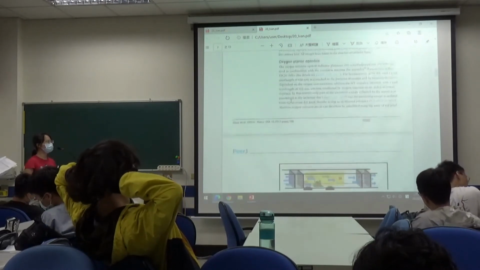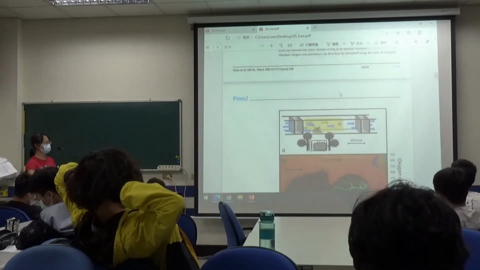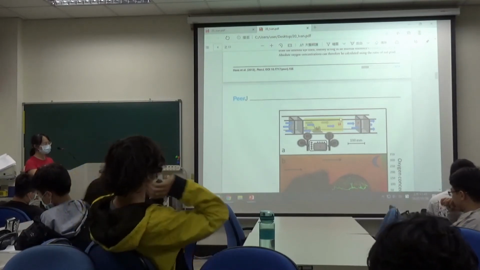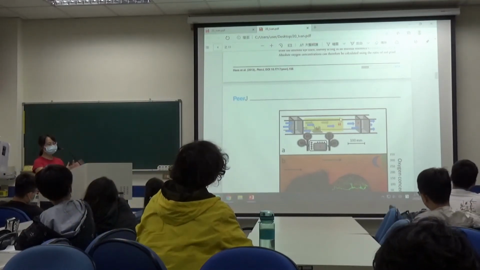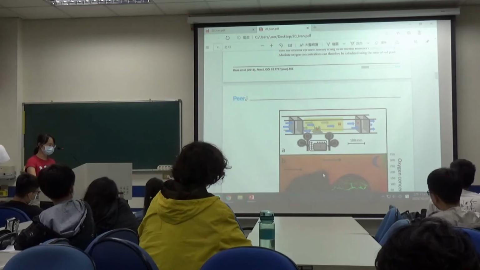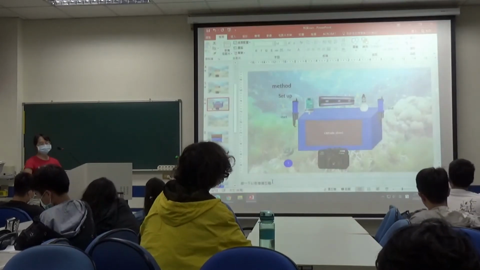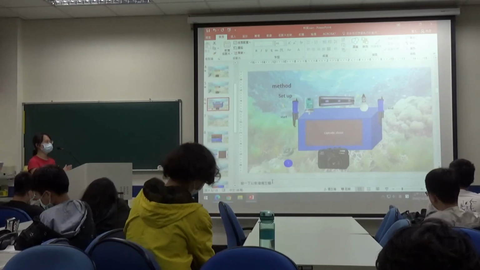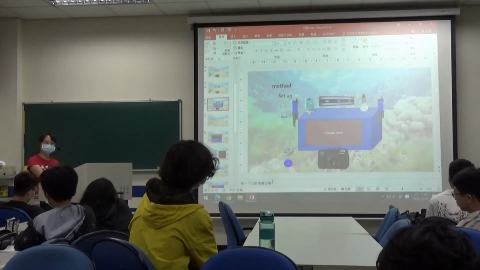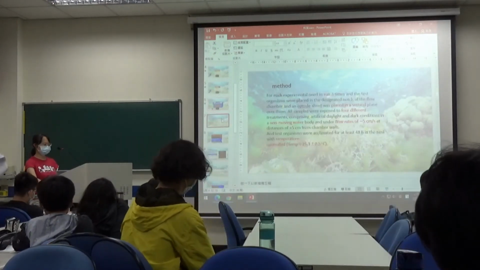But if there is such a figure, like this one, please show it. You can show it, and then explain the details using the animation here. But it's always good to show the figure in the original paper.